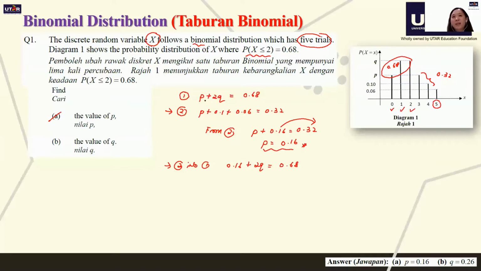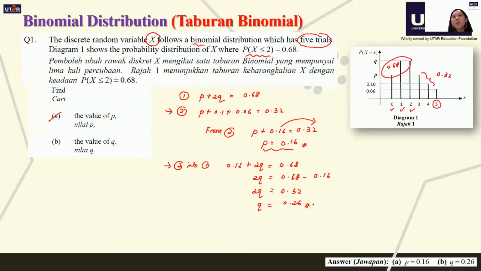So 2Q will give you 0.68 minus 0.16, which will be 0.52. Of course, you can solve it further using a calculator. This will give you 0.26.